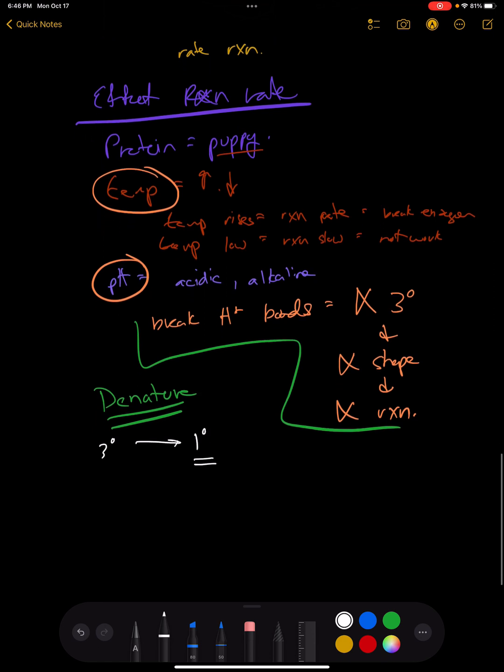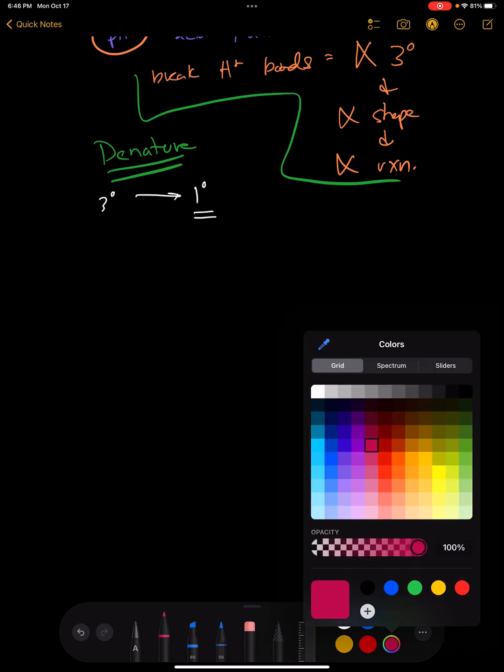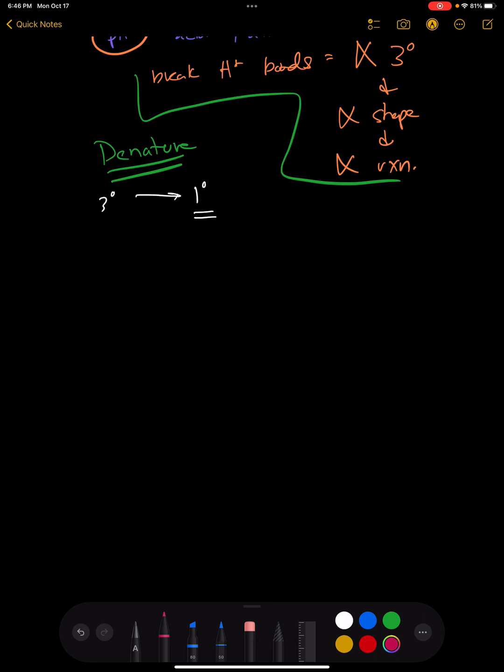So then let's talk about a few other examples of types of reactions we're going to see. One is called allosteric. Now, allo means other, okay? And so what that is, it's actually kind of cool. So if this is my enzyme, right, here's my enzyme right here, and then here's my substrate, right?